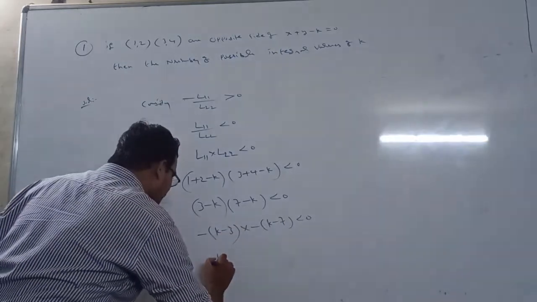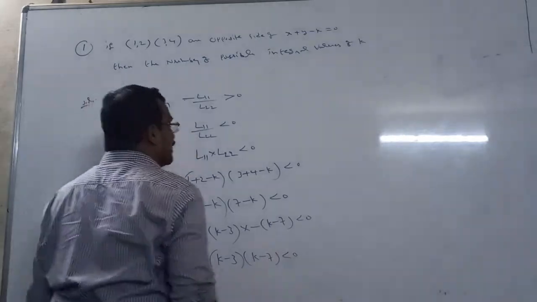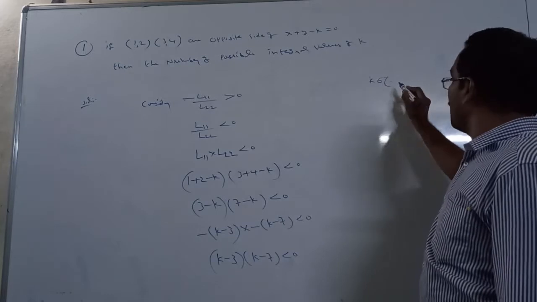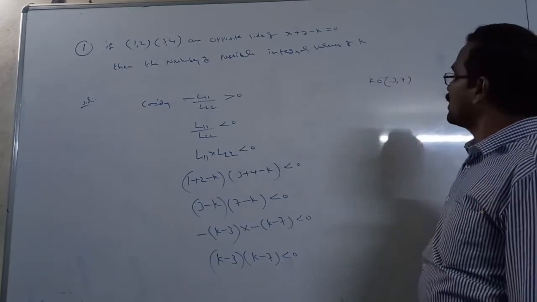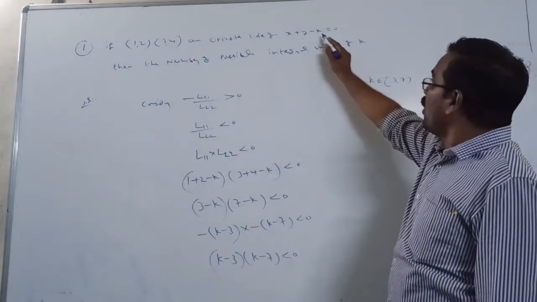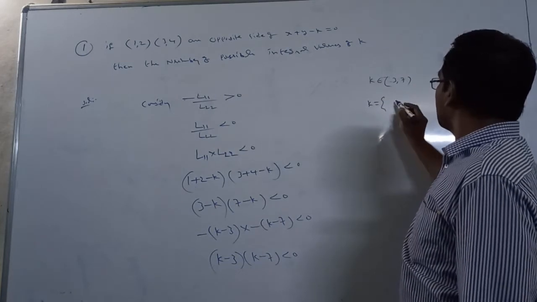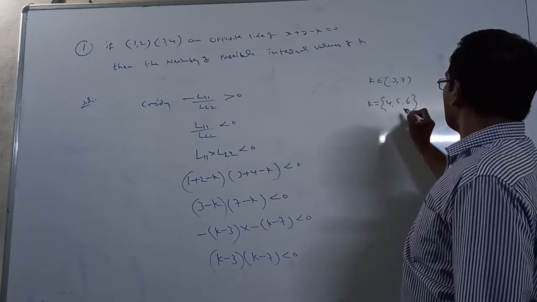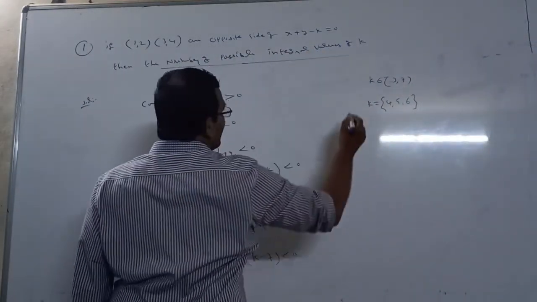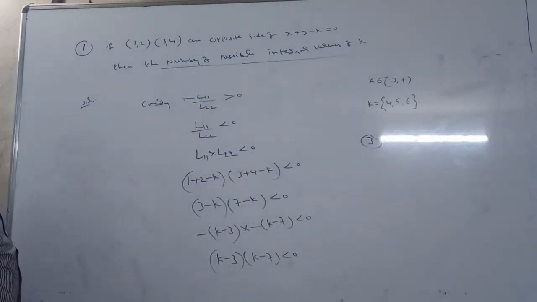Minus into minus becomes plus. (k minus 3)(k minus 7) less than 0. According to quadratic inequality, k belongs to (3, 7). So I got the range of k. From this range, how many integers exist? The integers between 3 and 7 are 4, 5, 6. So the number of possible integral values of k is 3.